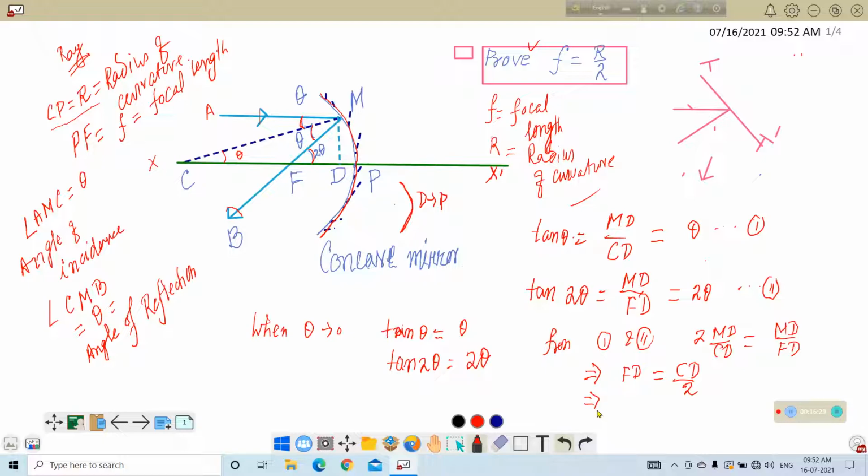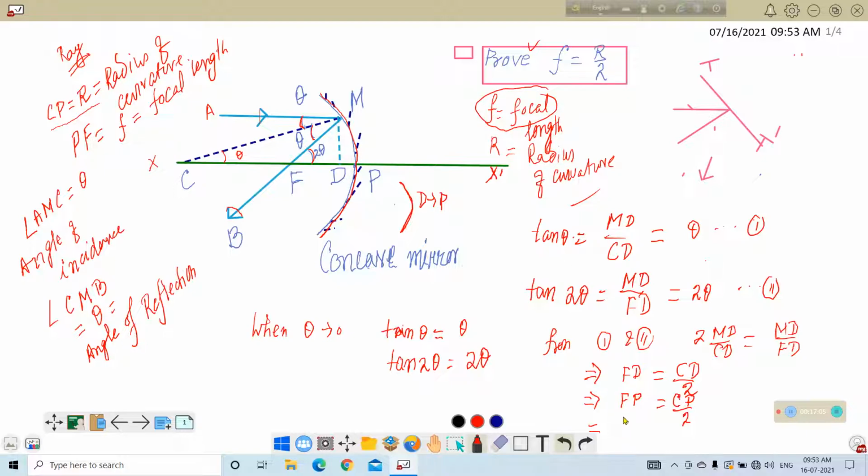That implies for this particular shape, FD is approximately FP and CD is equal to CP. FP means the distance of the focal point from the pole, that is equal to F.